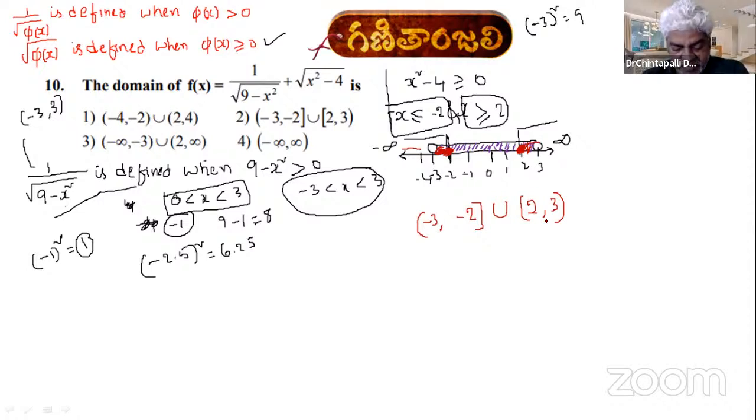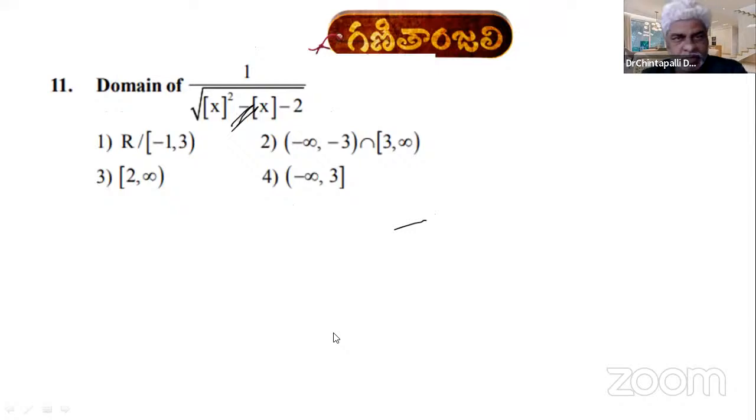Which option is correct? Yes, option 2, sir. Option 3. Right. Very good. Next. Clear? Just see, the previous sum has much depth. This also. Can you clear it? I'm unable to clear it, sir. No problem.